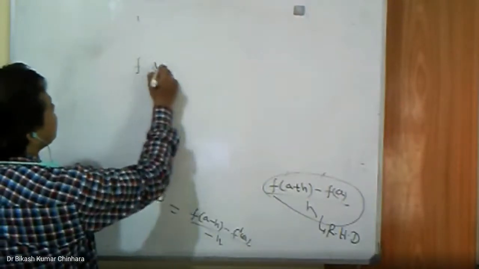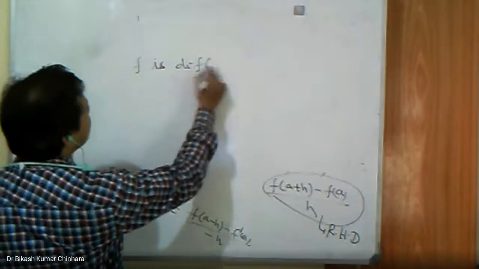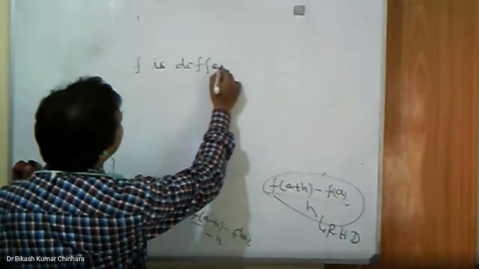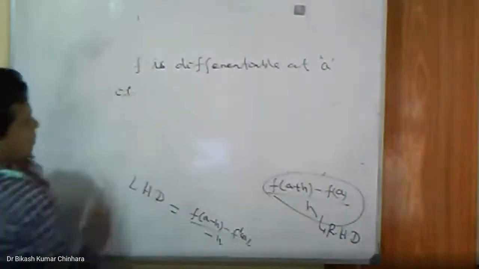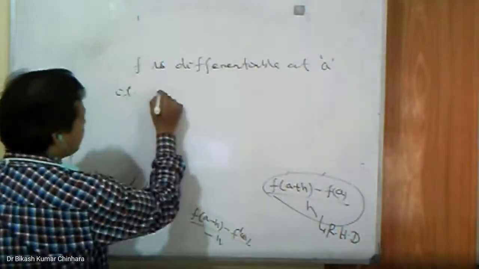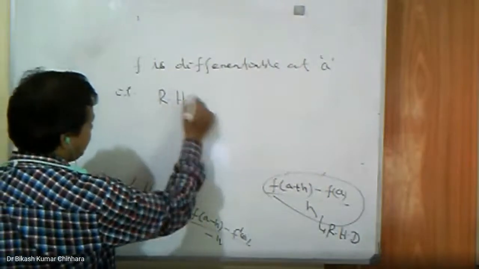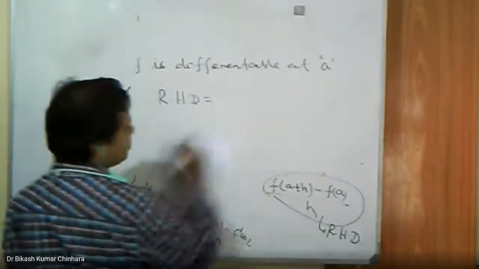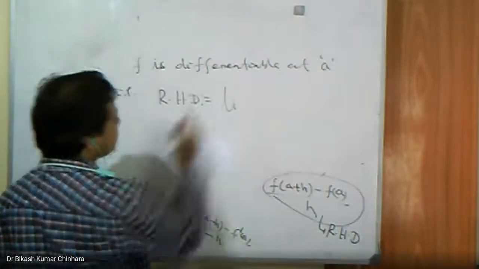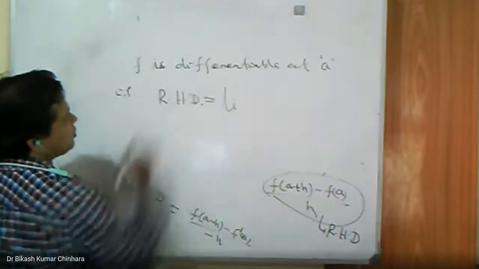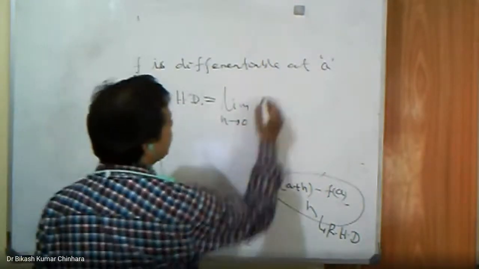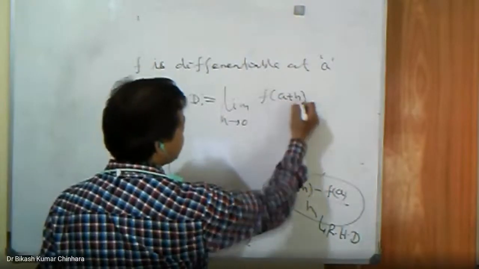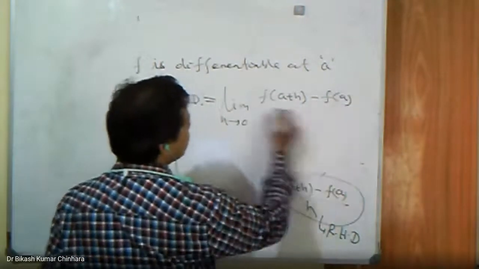So f is differentiable at A if RHD, which is defined as, this is the sign for defined, equal to the limit h tends to 0, h is a positive quantity, of f of a plus h minus f of a divided by h.